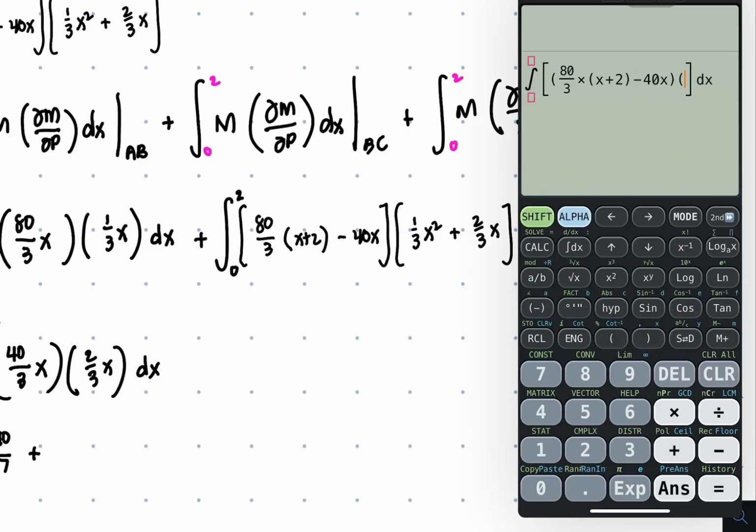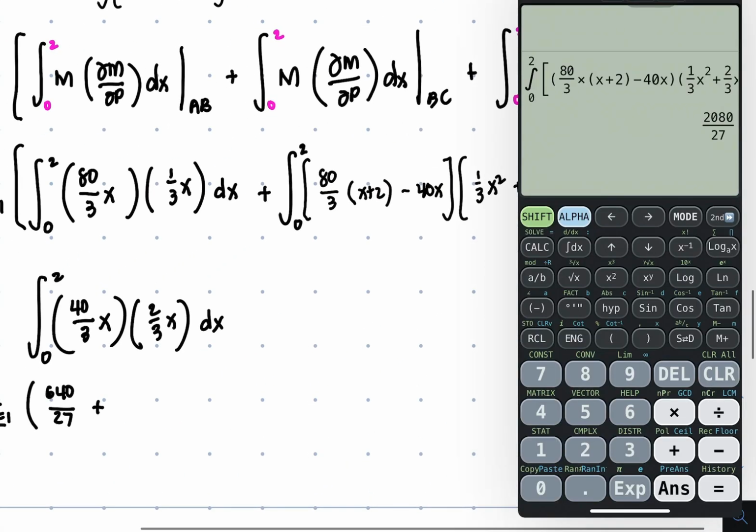And then you multiply the next term, 1/3 of x. Wait, what happened? 1/3 of x squared, and then plus the 2/3 of x, and the limit is from 0 to 2.